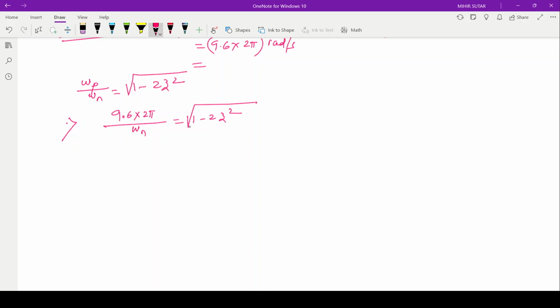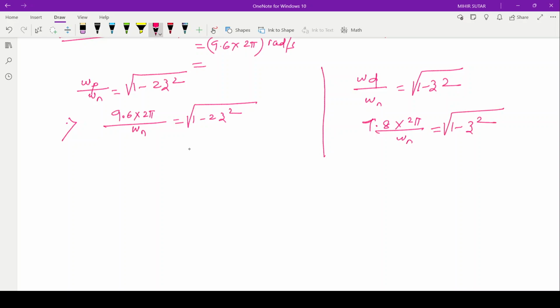And the other part is omega d by omega n is square root of 1 minus zeta square. So that is 9.8 into 2 pi divided by omega n is square root of 1 minus zeta square.